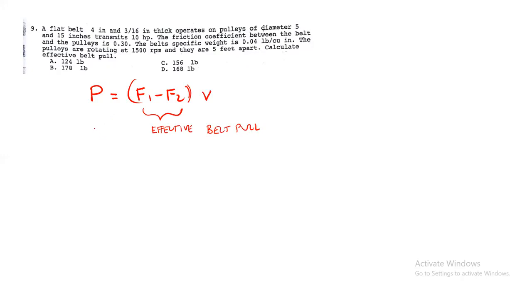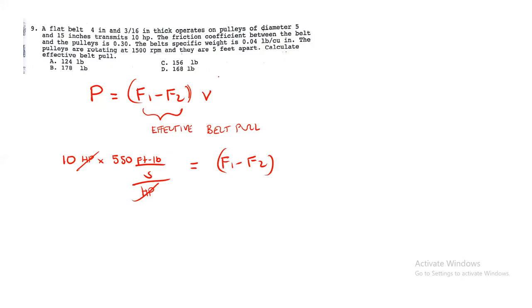So, substitute na natin. 10 HP times 550, convert natin foot-pounds per second per HP, is equal to F1 minus F2 times velocity.